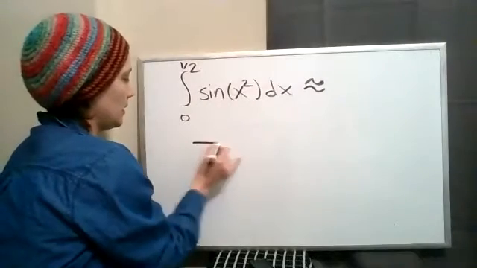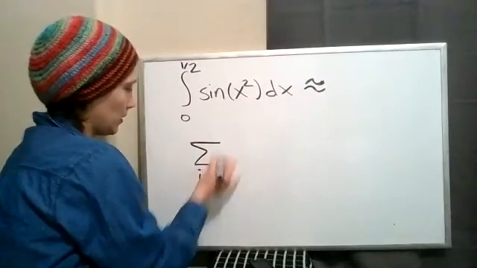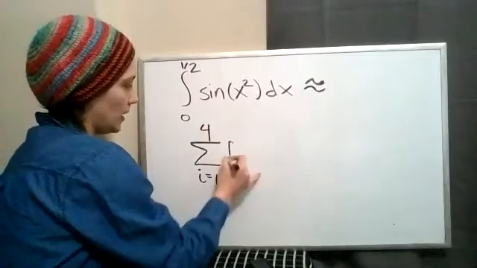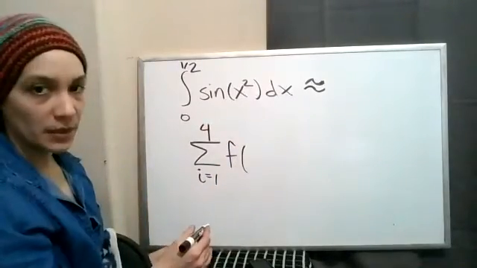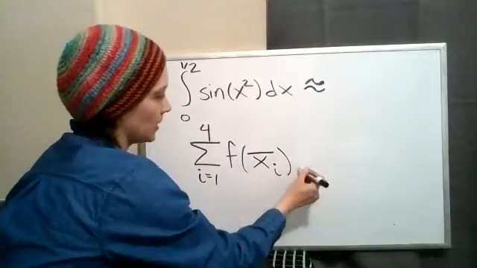It's the sum i equals 1 to 4 of f of each of the midpoints x sub i bar times delta x.